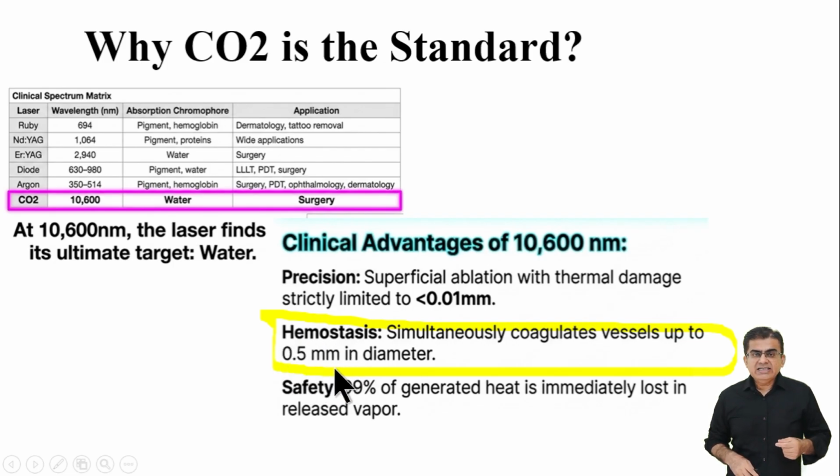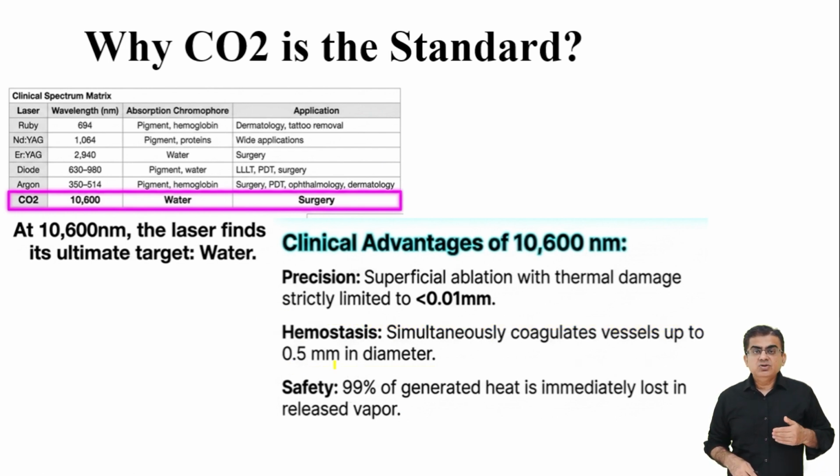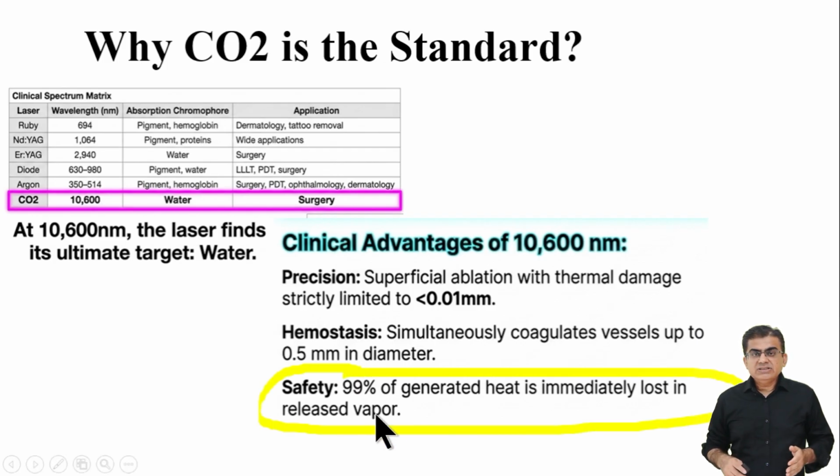This automatically guarantees a perfectly dry and clear surgical field. Third is absolute safety. Because the water instantly turns to steam, 99% of the intense heat is immediately released into the air as vapor. The heat does not stay behind to burn the deep, healthy vocal tissues.